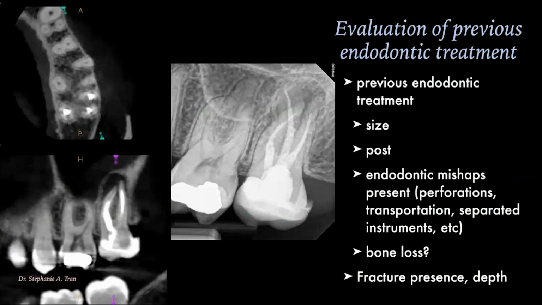We want to do a retreatment when existing root canal treatment can be redone. It can be revised. However, we also really want to know when it can't, when there are situations where a retreatment is not necessary. So this is another great reason to use a CBCT.